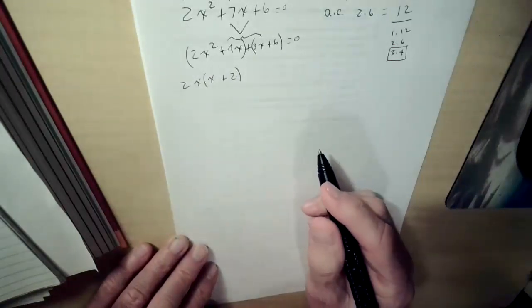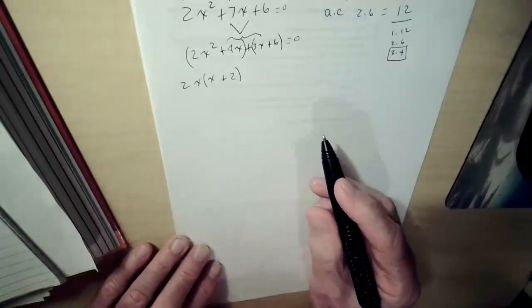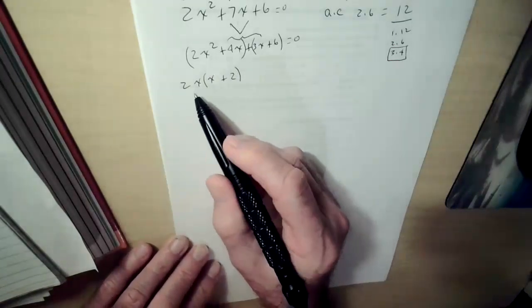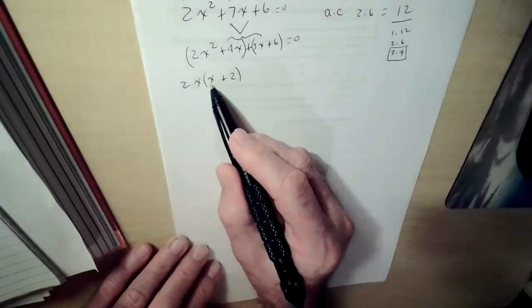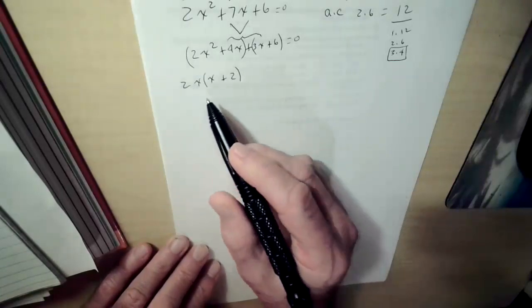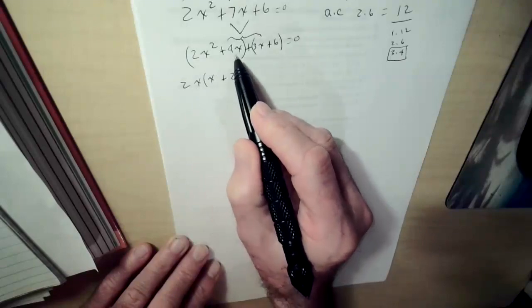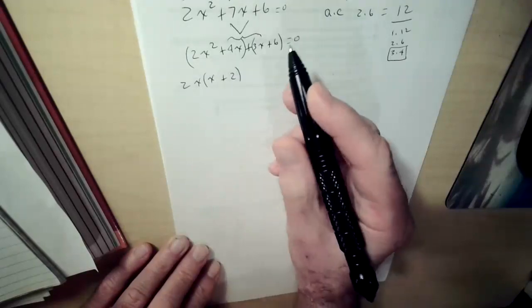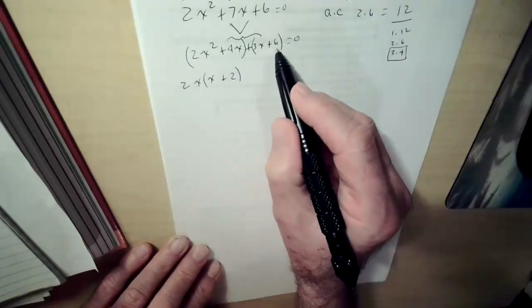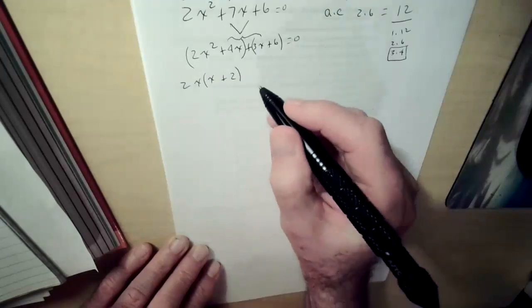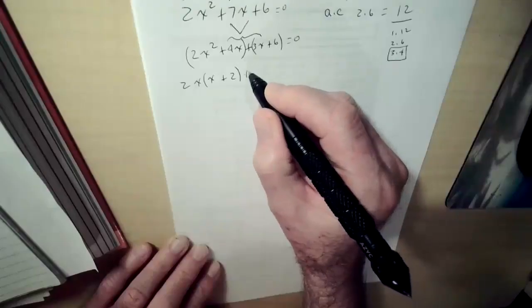I always do this backwards, and it'll get away from you if you don't watch out. 2x times x is 2x squared. 2x times 2 is 4x. So we're right. Now, what can we factor out of this binomial here?